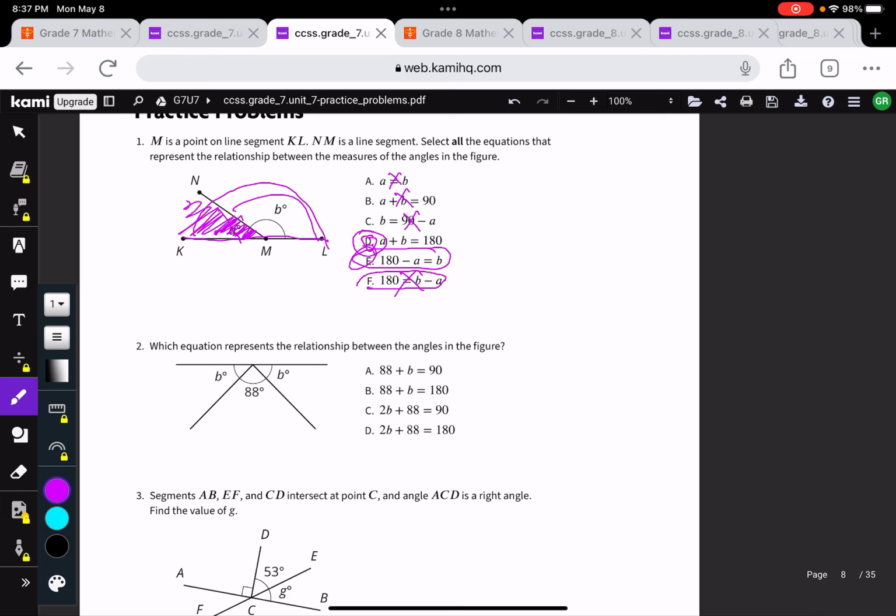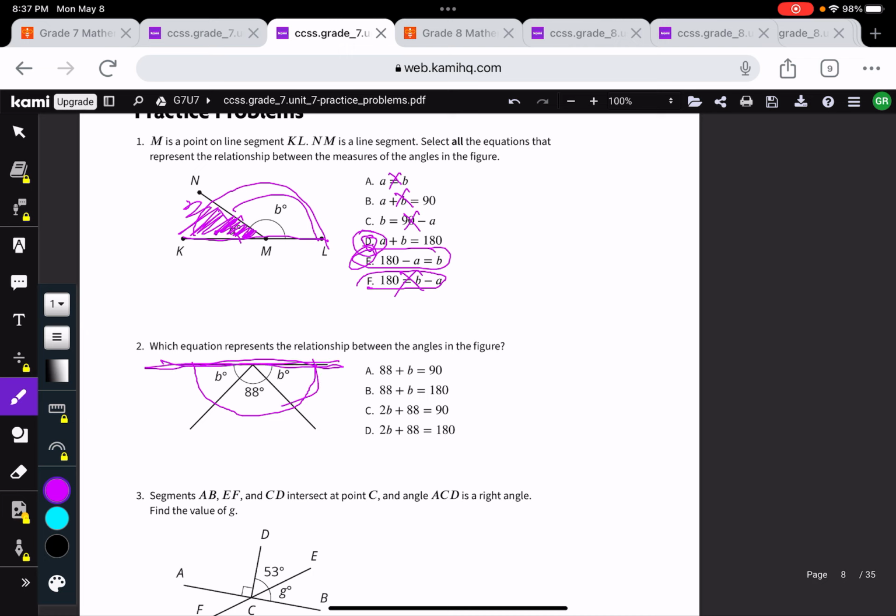Number 2. Which equation represents the relationship between the angles in the figure? Well, now this is saying something plus 88 plus something, but that B has to be the same thing. So I do know, again, I see a straight line right there.